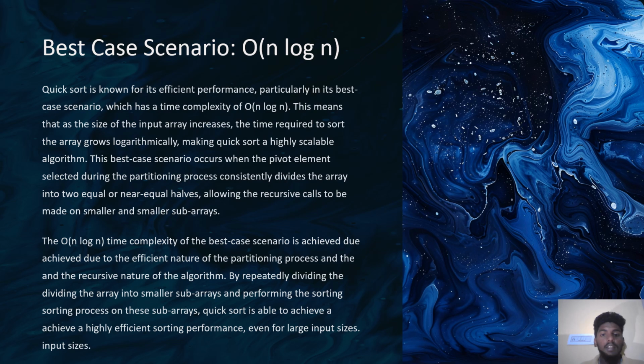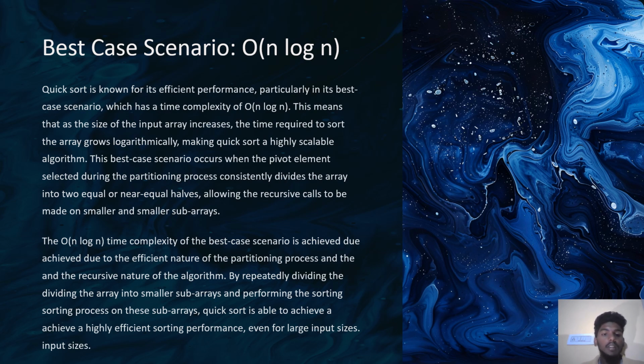This best case scenario occurs when the pivot element selected during the partitioning process divides the array into two equal or near equal halves, allowing the recursive calls to be made on smaller and smaller subarrays.